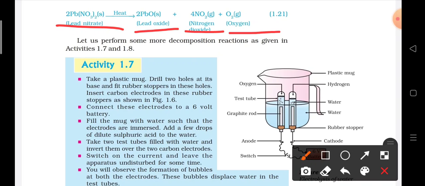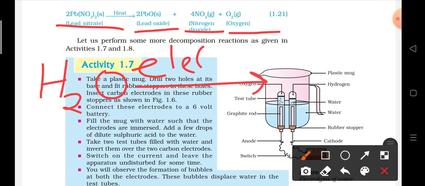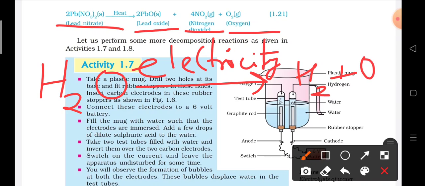Now we will discuss a decomposition reaction because of electricity. When we pass electricity through water during the process of electrolysis, it breaks down into hydrogen and oxygen. Okay, if we balance it, it will be like this. Now here you can see, for each two molecules of hydrogen gas, there is one molecule of oxygen gas.